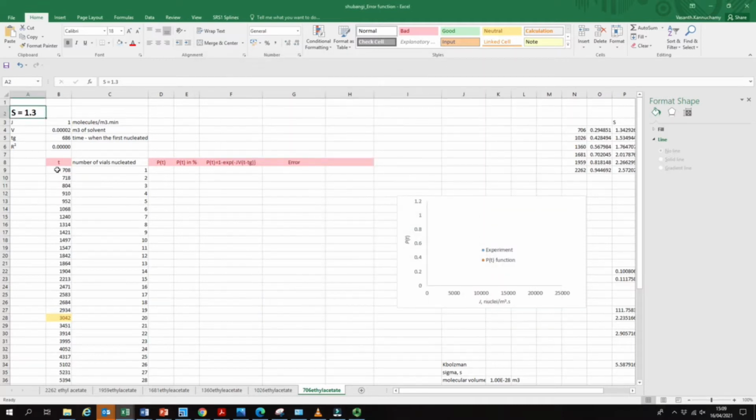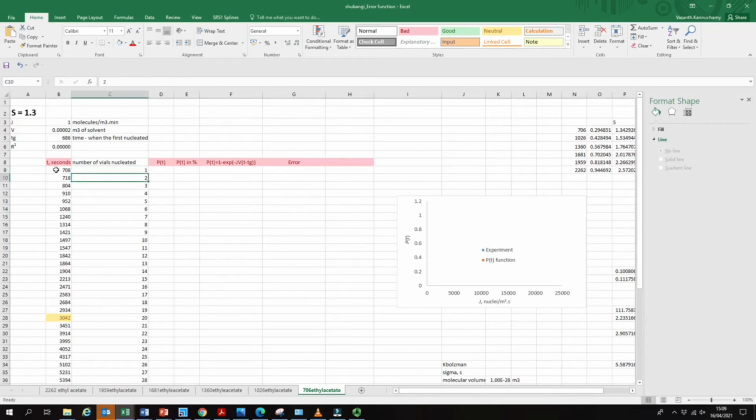So what's really happening? This is what she observed. The number of vials nucleated: the first vial got nucleated when time is equal to 708. She converted the time into seconds, so time is given in seconds. At 708 seconds the first vial nucleated, and then at 718 the second vial nucleated.